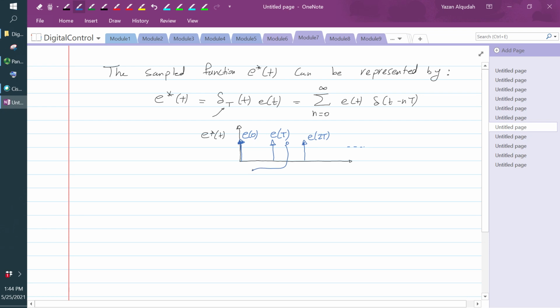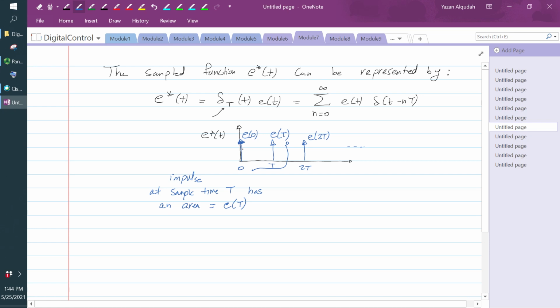So the impulse at sample time T has an area that is equal to E of T. Now we can represent it as an impulse with the value, or I can scale the length of this impulse to represent the value of E of T. Does that make sense?